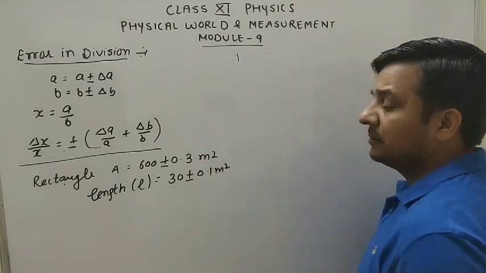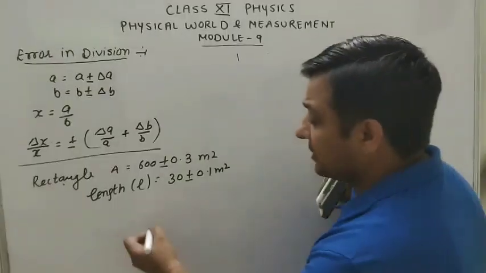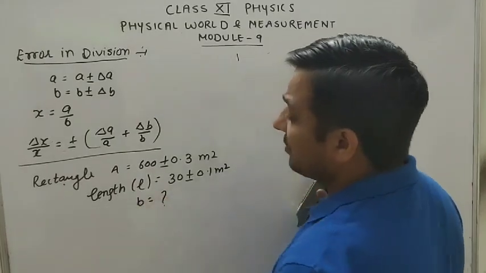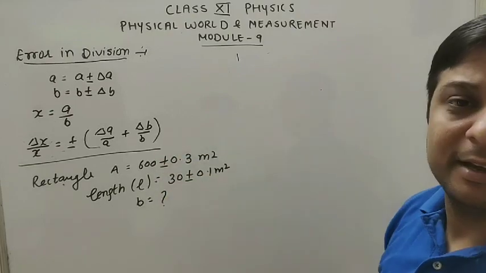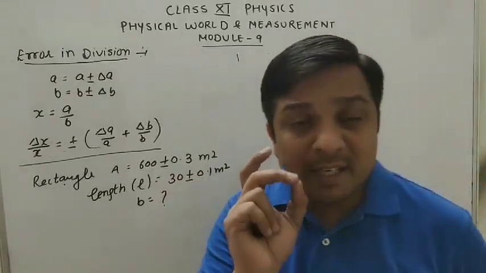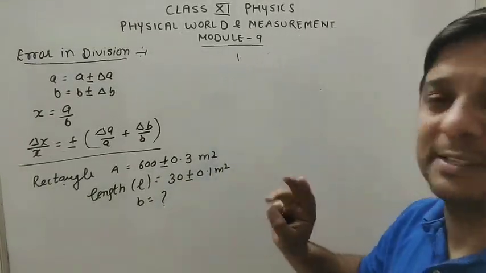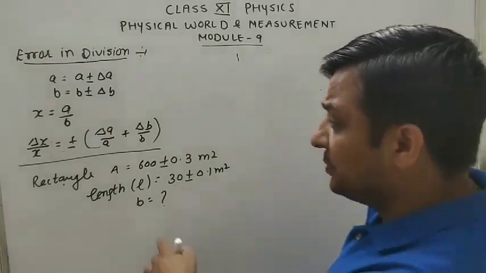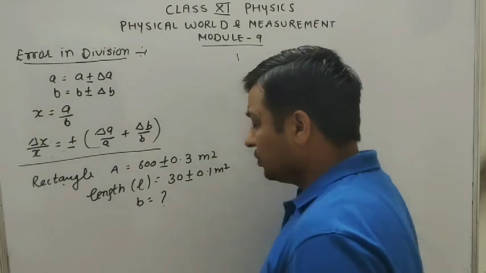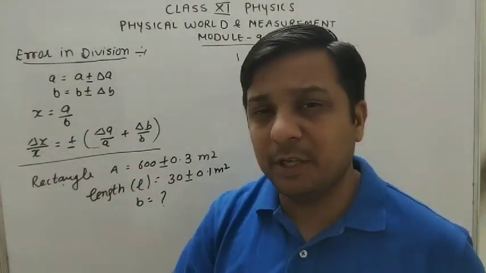Find out the breadth. So dear students, first of all, because this is area and this is length, the case of division takes place and you will divide, and in division the result is B. So you will write here delta B by B.